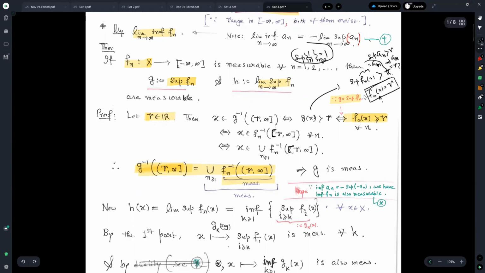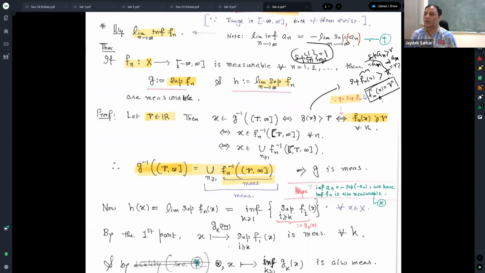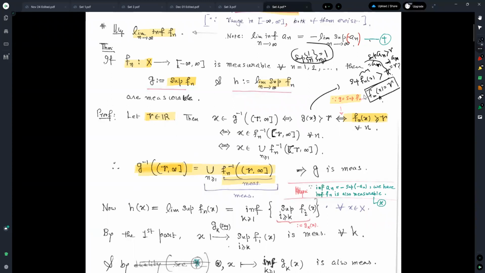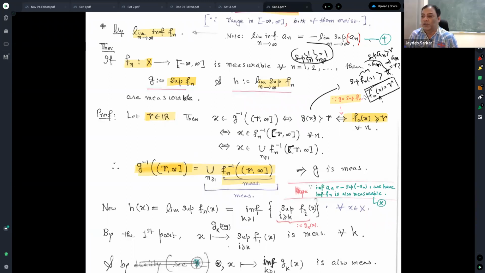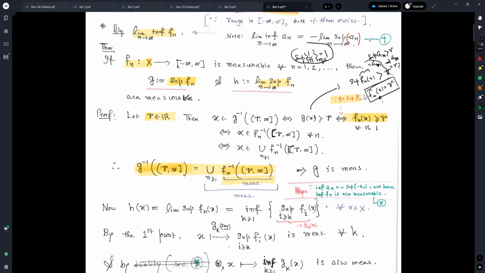Actually it will be if and only if Fn(x) is greater than R for some n. I see, because I'm taking the sup, right? You want me to say for all n but finitely many? No, for some n. It means even if there is one n, we are done.